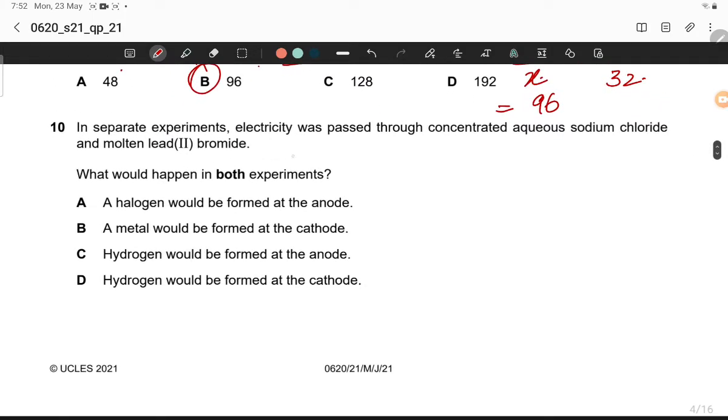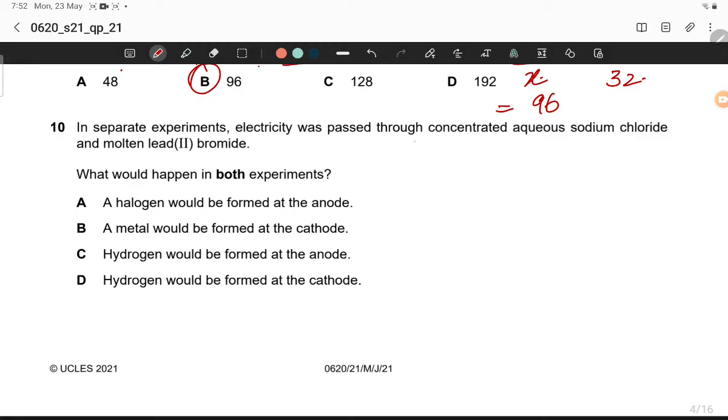In separate experiments, electricity was passed through concentrated aqueous sodium chloride and molten lead bromide. What would happen in both experiments? Halogen would be formed.